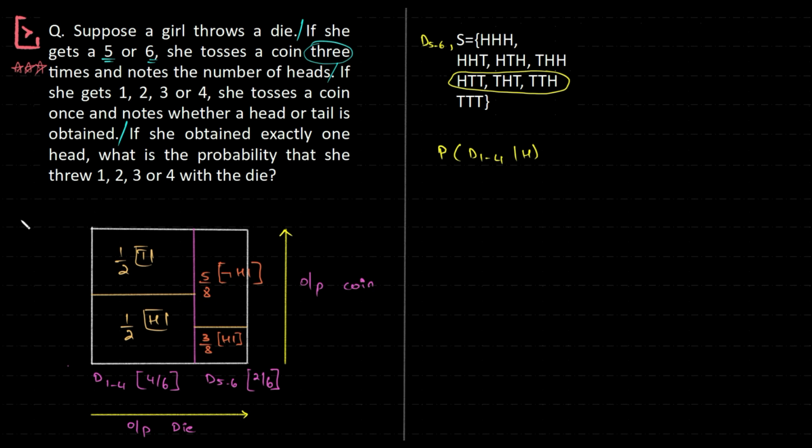I hope you guys understood this particular chitra, because this is very important. If you are able to figure out this, pretty much everything else is quite simple. Okay, let's write the formula.